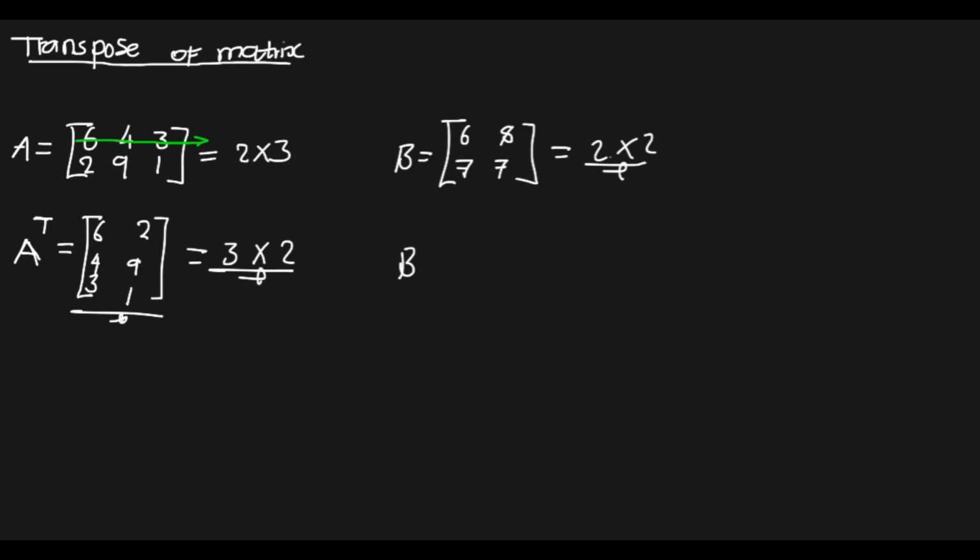For a square matrix, the order does not change. So for the transpose of B, we interchange the rows and columns: 6, 8, 7, 7. You can see that the order is still a 2 by 2 matrix.